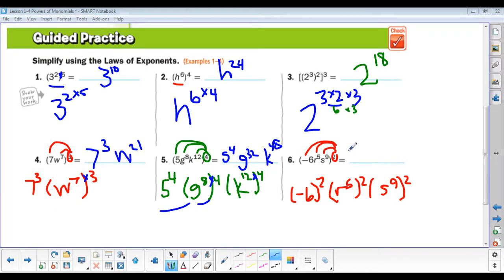When I go to write my answer, I have negative 6 squared. If you multiplied that out, you should get positive 36. Again, positive 36. For R, 5 times 2 is 10. And for S, 9 times 2 is 18.